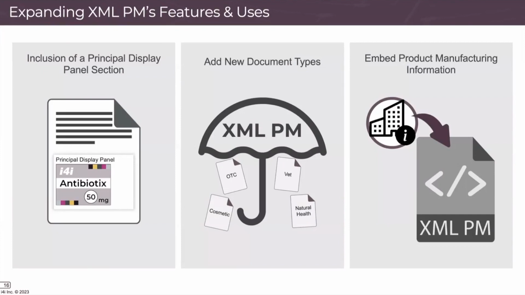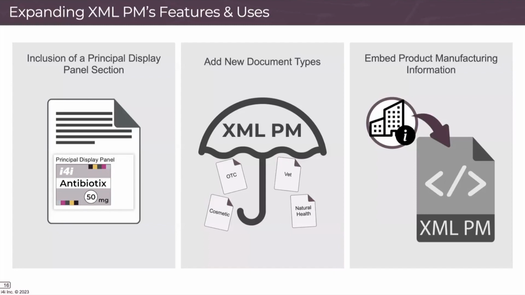We also imagine Health Canada adding other types of drug labels to the XML PM set. Currently, XML PM is only for human pharmaceutical, biologic, and radiopharmaceutical product labels, leaving the door open for OTC, veterinary medicines, and even cosmetics and natural health products.